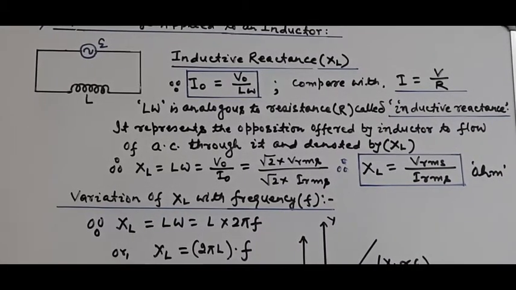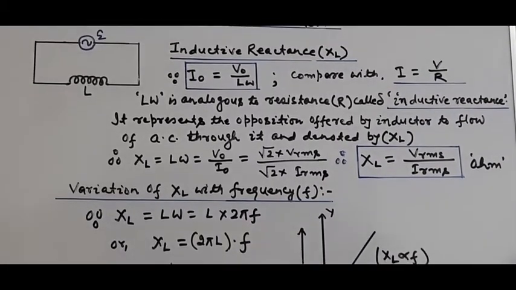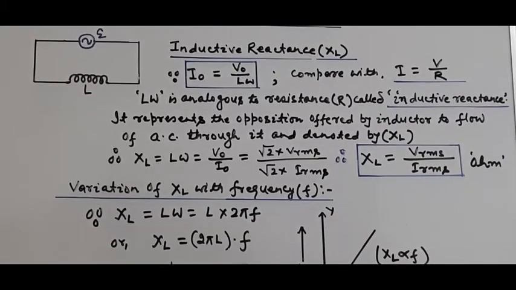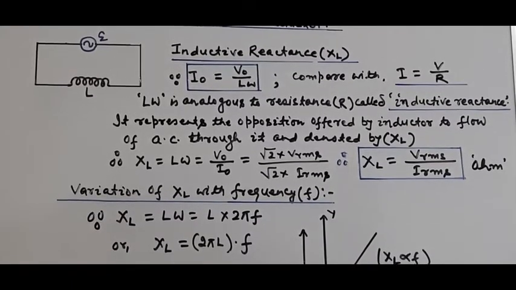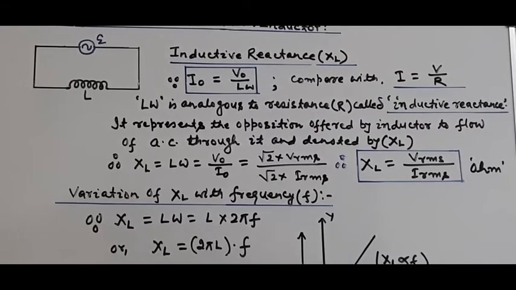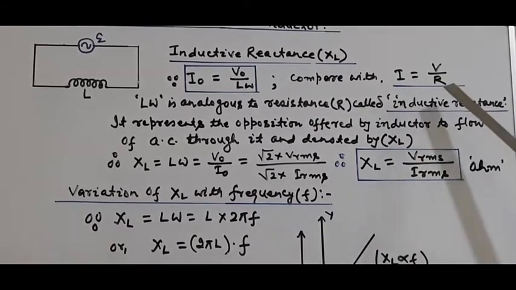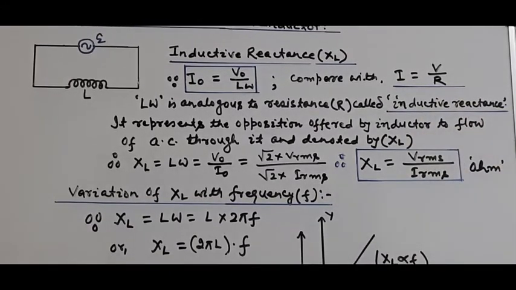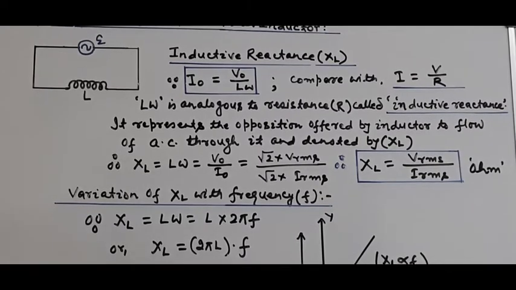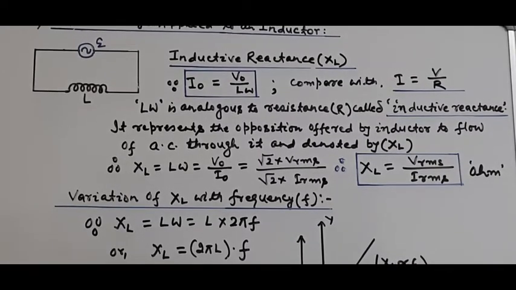So we can say that inductive reactance limits the current in a purely inductive circuit in the same way as the resistance limits the current in a purely resistive circuit.